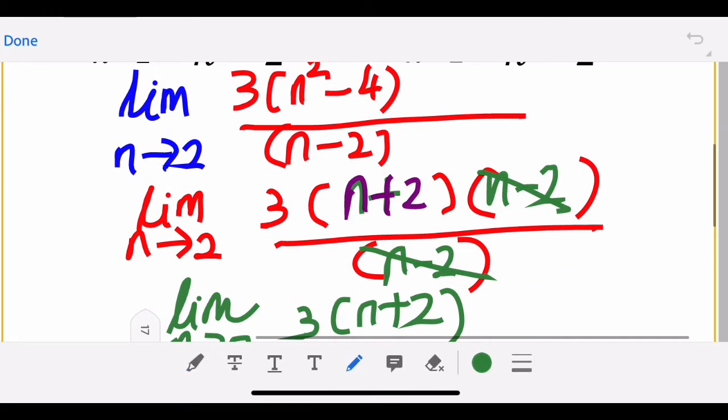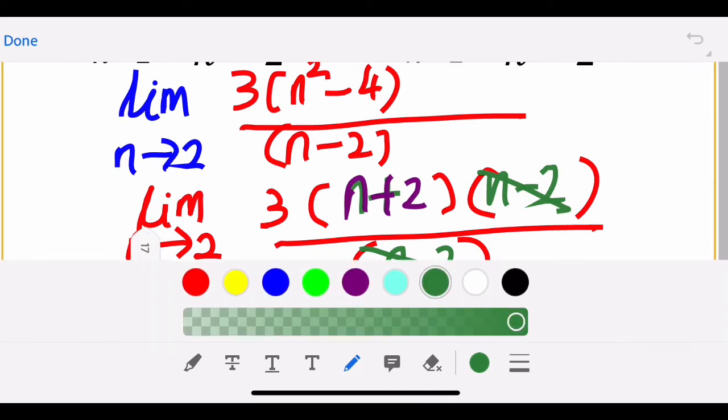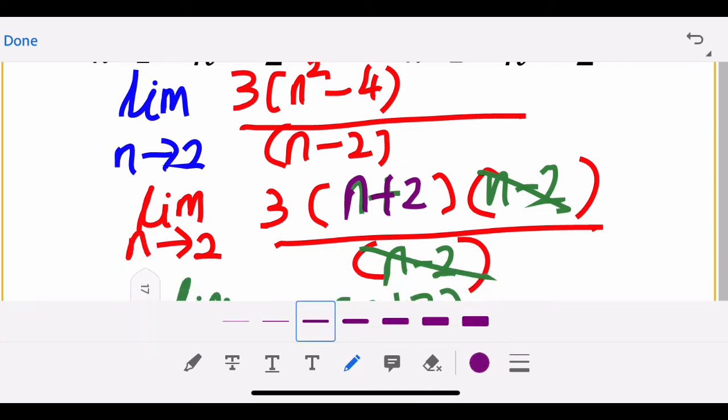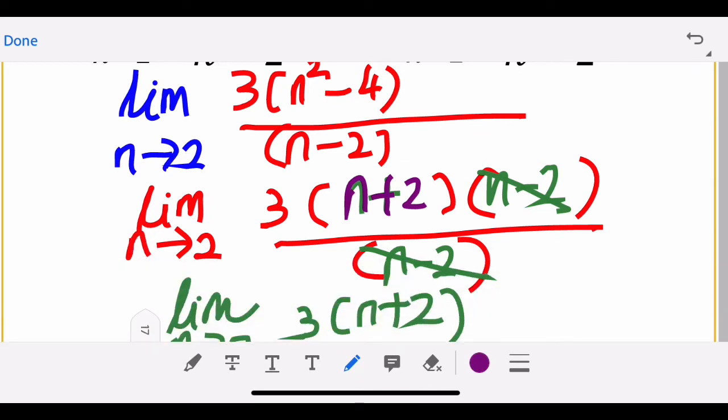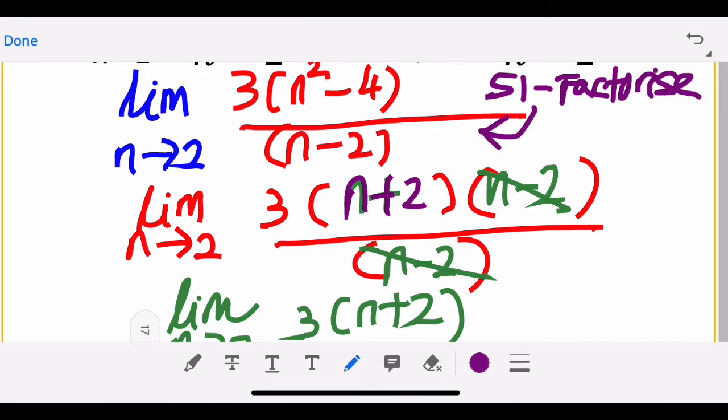Remember, the first step is factorize. After you factorize, you simplify, cancel the common factor. After that, you substitute the n into the simplest form. Alright, so again, I highlight to you. First step is you factorize, and then second step is you simplify. After you simplify, you substitute.